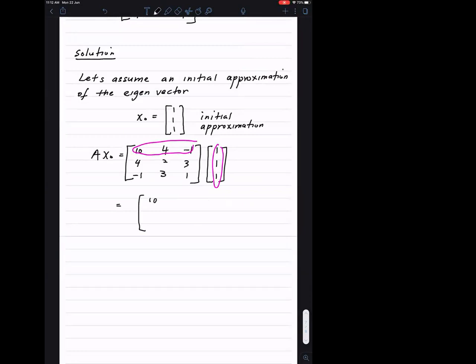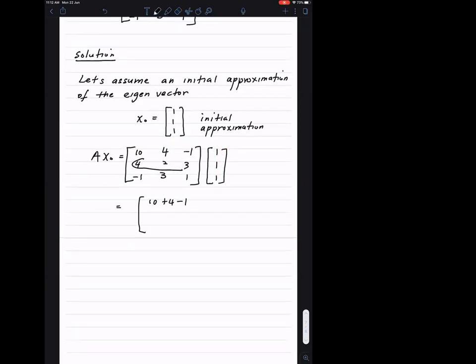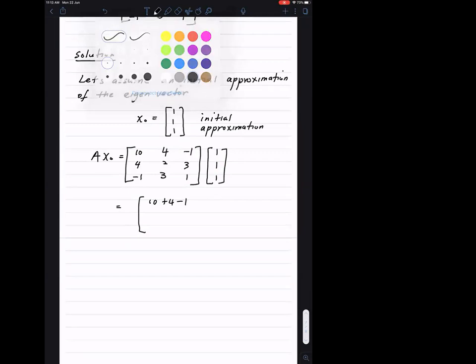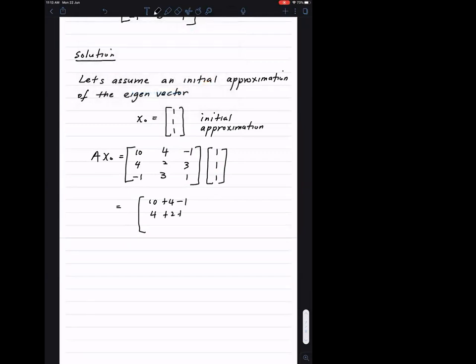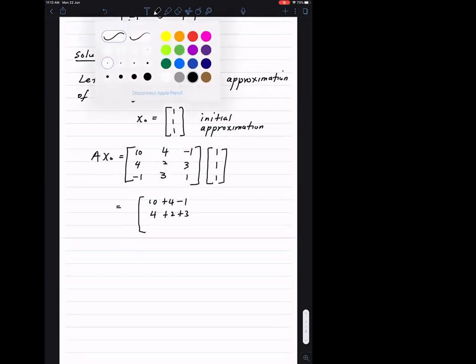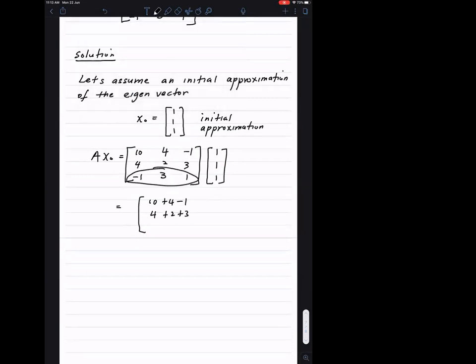It's 10 plus 4 minus 1. The next one, second row, is 4 plus 2 plus 3. Third row, multiply by this, minus 1.